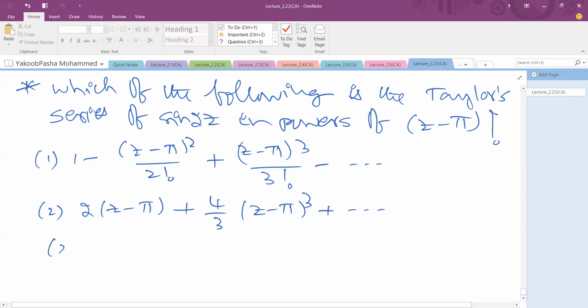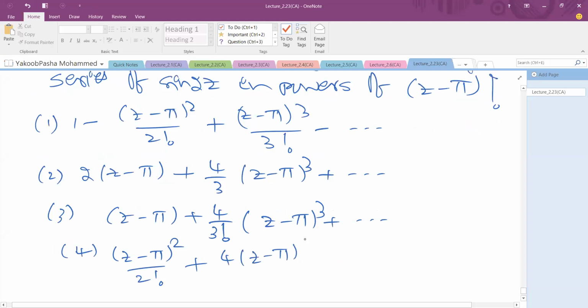Third option: (z minus pi) plus 4 by 3 factorial into (z minus pi) whole cube plus and so on. And fourth option: (z minus pi) whole square by 2 factorial plus 4 into (z minus pi) whole cube by 3 factorial plus and so on. These are the 4 options we have.